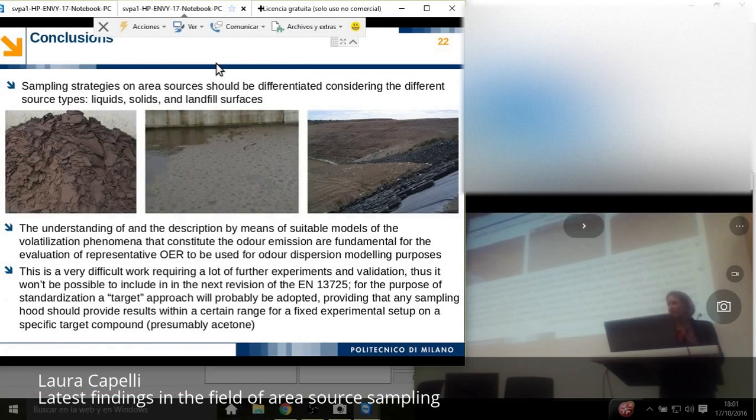So fixing a set of experimental conditions for an experimental setup with a given liquid, which is probably acetone, since the most data we were able to collect from the participants of the group concerned the use of acetone. So it's the compound for which we have more data available at the moment, and that's the only reason why we consider it. So for a fixed experimental setup, the hood should perform in a certain way, of course, with a given uncertainty range.